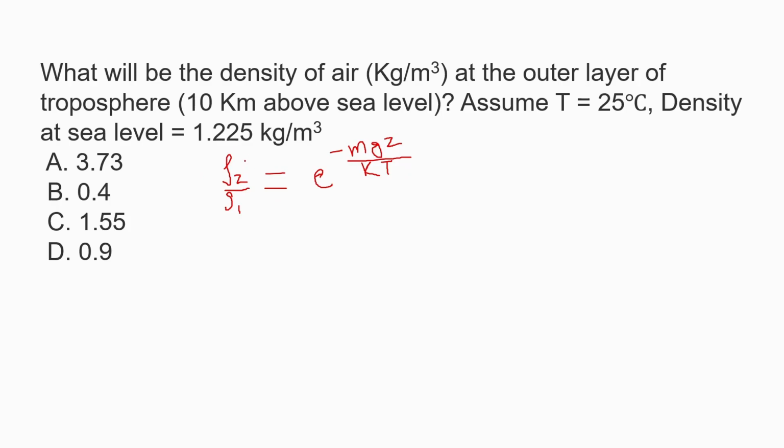We have to find rho 2. Rho 1, or density 1, is given, which is 1.225.